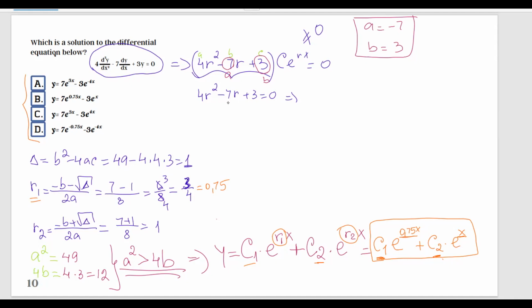Let's look at the second option. If you pay attention, we have e power 0.75x and e power x, but it is minus. And that's okay that it's minus because we don't know the value for C2. If C2 is negative, then this is going to become minus. So it seems like B would be our correct answer. I would quickly go to the next C and D options, and I can see that they don't match. So it seems that B in our case is the correct answer.